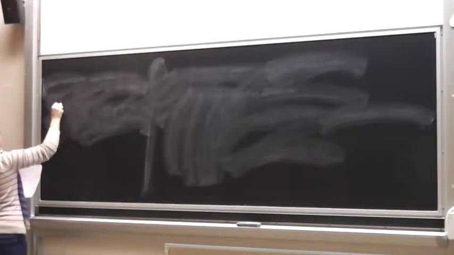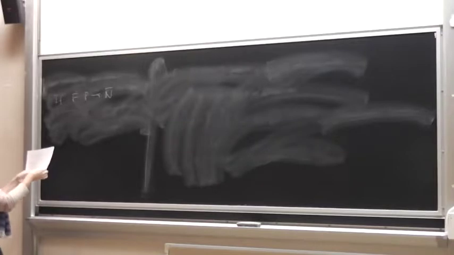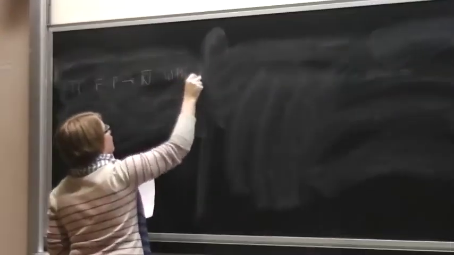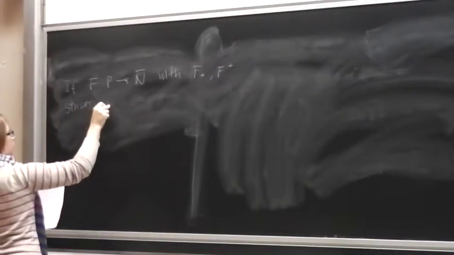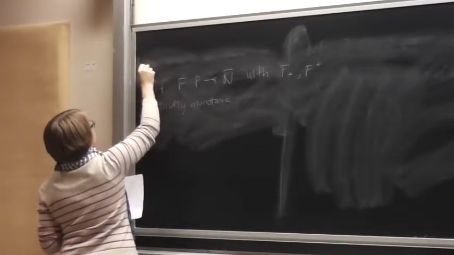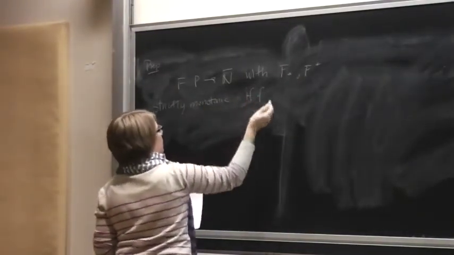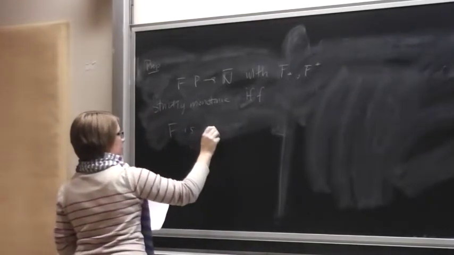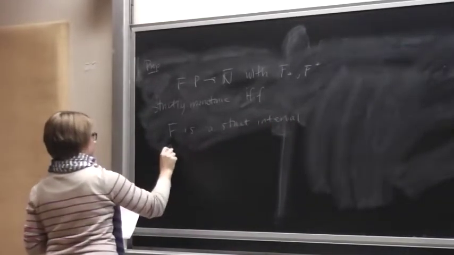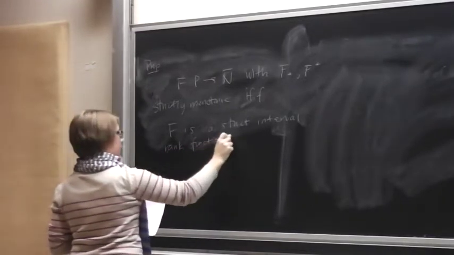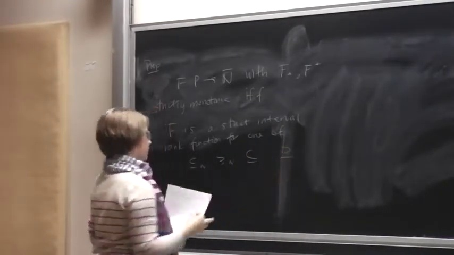So if f is a function from P to the intervals with these two strictly monotonic, then actually this is an if and only if: f is a strict interval rank function for one of these 4 orders.